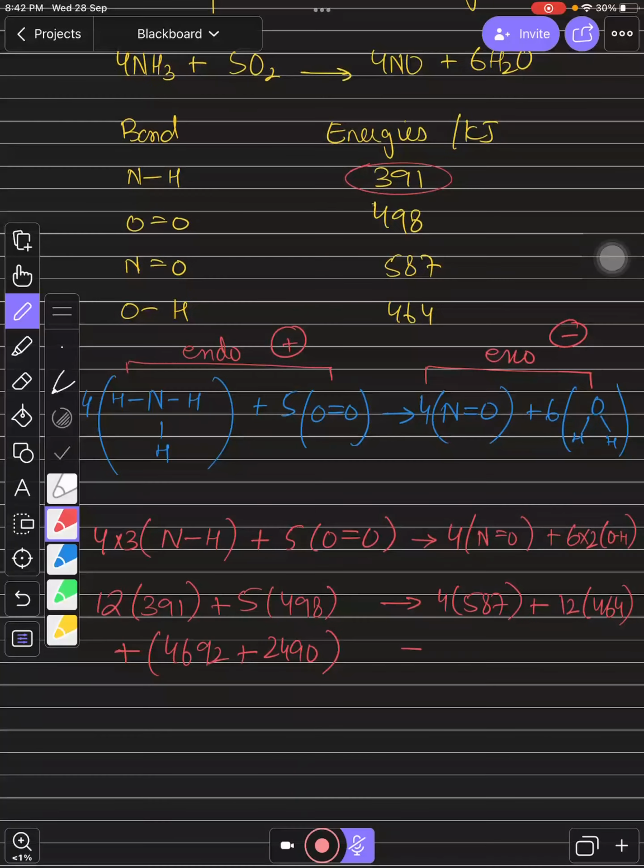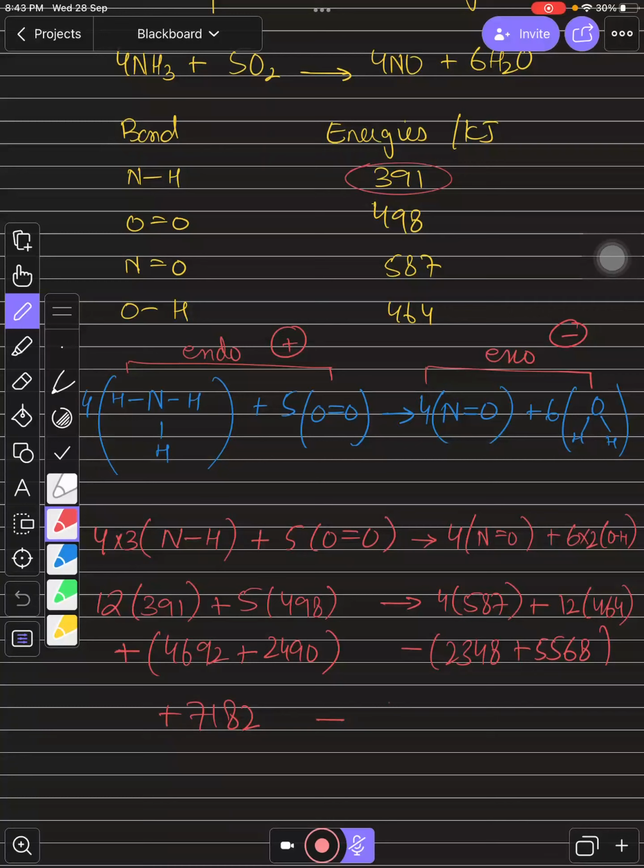And over here, if you solve this one, 4 into 587, it is 2348, plus 12 into 464, so it is 5568, right? Now 4692 plus 2490 will give you 7182, minus the next value, which is 2348 plus 5568.